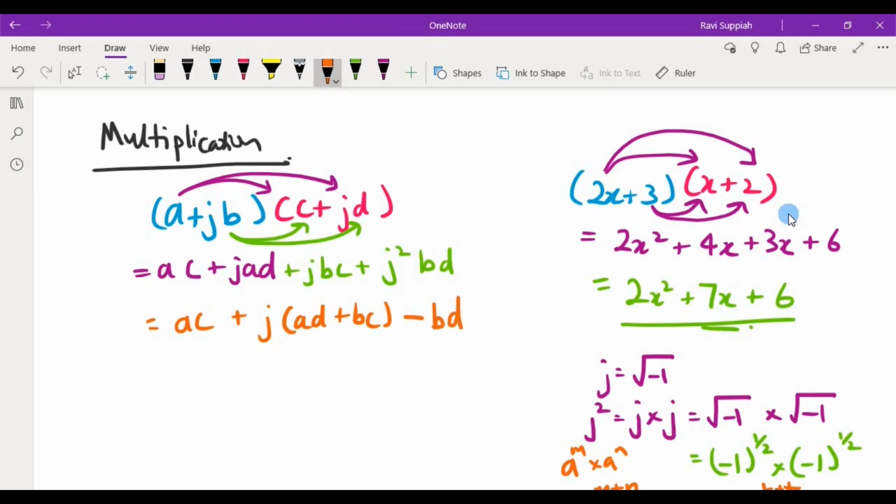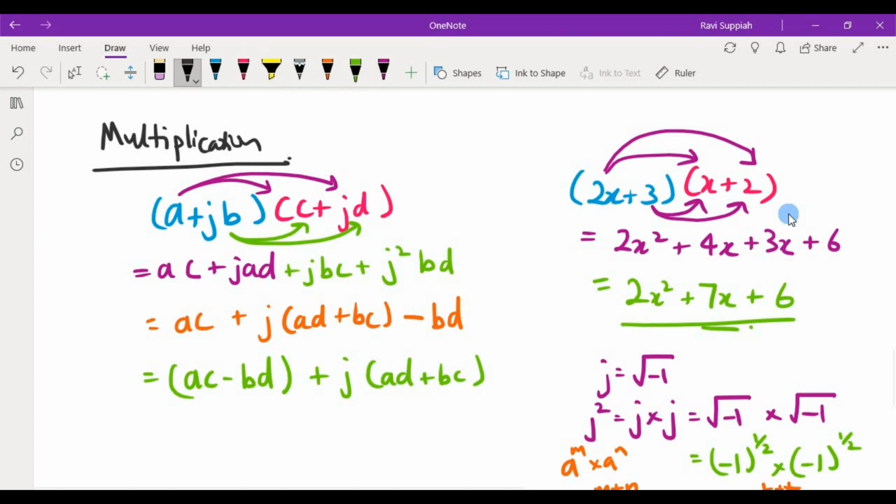And what do you see here? You see that now this term, this negative bd, is no longer an imaginary number because there is no j associated with it anymore. It is now a real number just like ac. So that means that I can now group ac together with minus bd, and this is another group here, j(ad plus bc).